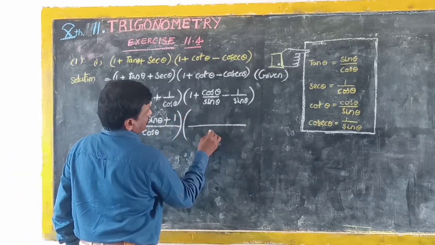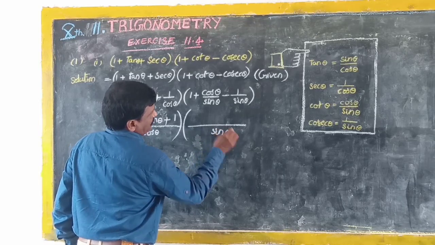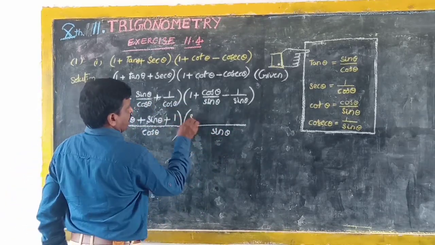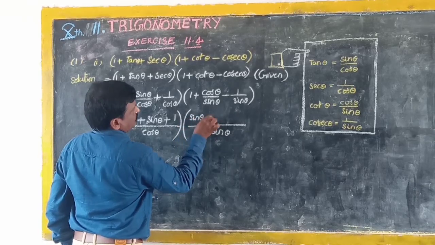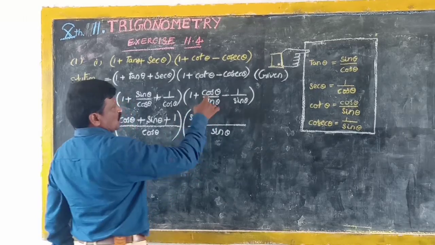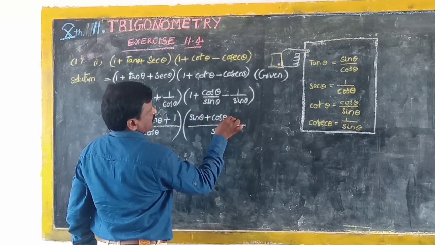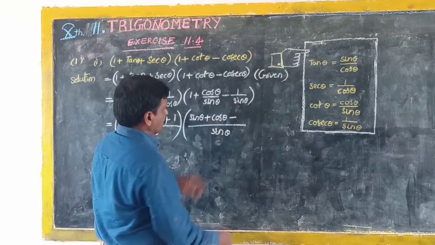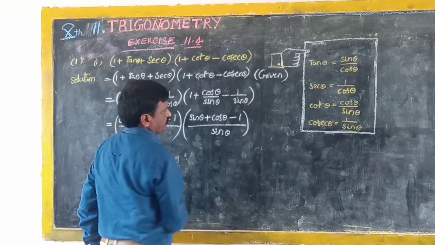Same as well as sin theta LCM. Sin theta into 1 is sin theta. Sin theta in sin theta one time, 1 cos theta minus sin theta in sin theta one time, 1 into 1 is 1.